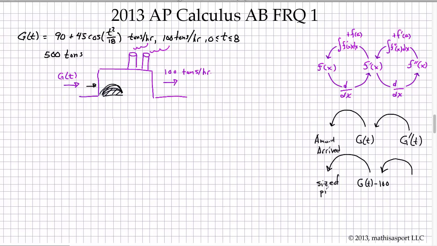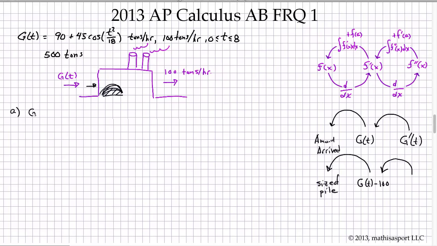So what's key is seeing that integrating just g of t tells you simply the total amount that has arrived as a function of time. But integrating g of t minus 100 tells you how much unprocessed gravel you have at any moment. With that, A, B, C, and D are pretty straightforward.